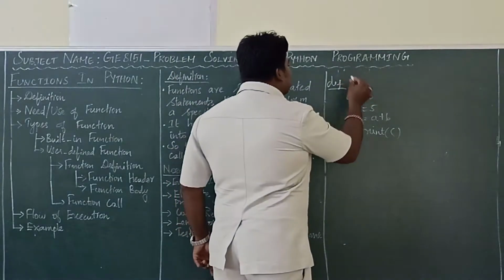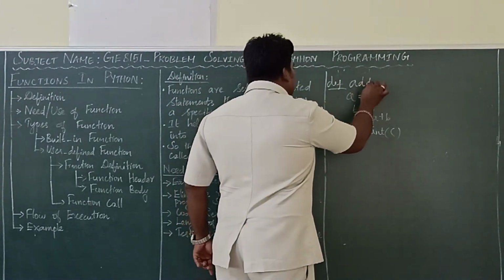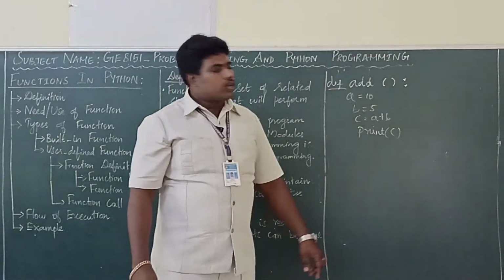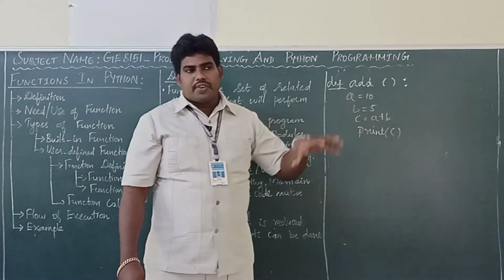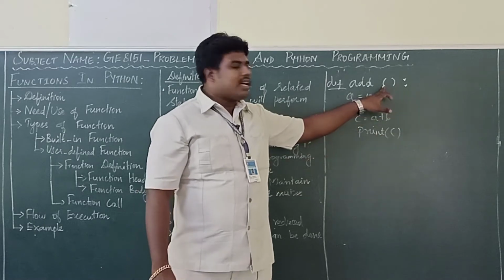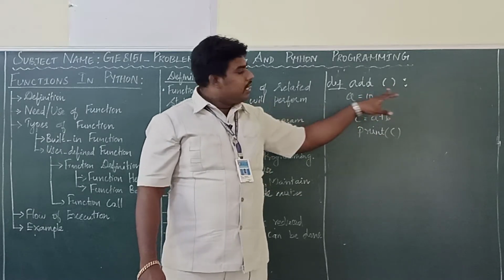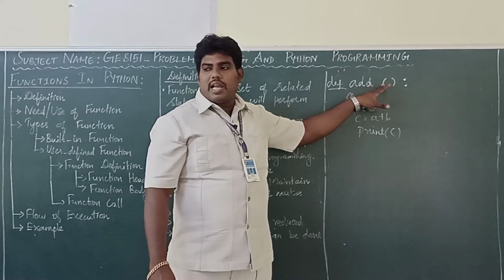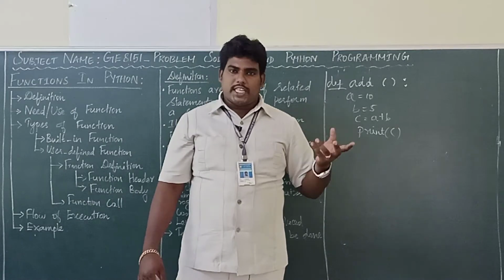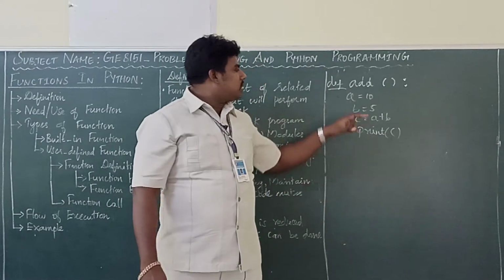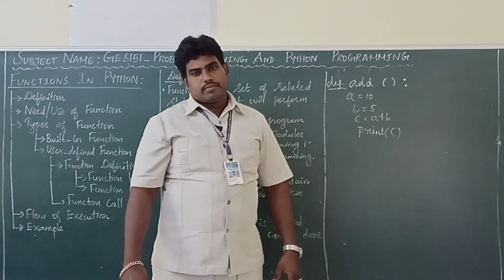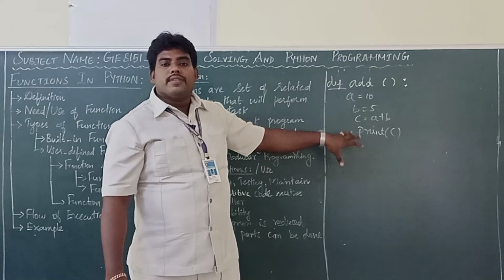Then you give a function name, add, then open and close brackets, then a colon. How do you identify a function? Any word that comes along with open and close parentheses, that is brackets, we say it is a function. A function definition has the keyword def and ends with a colon. So this is the function.